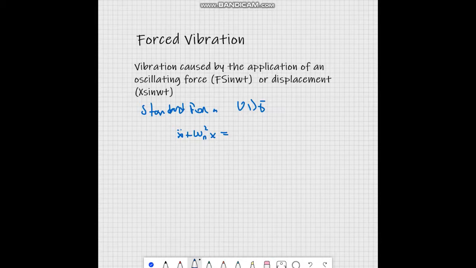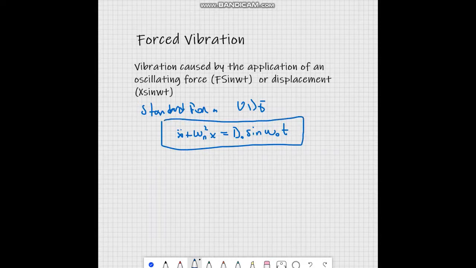Right now it is forced vibration, so it's going to be F, which is, let's define it like D0, a constant, multiplied by sine of the frequency omega 0 t. So this is going to be our forced vibration differential equation.